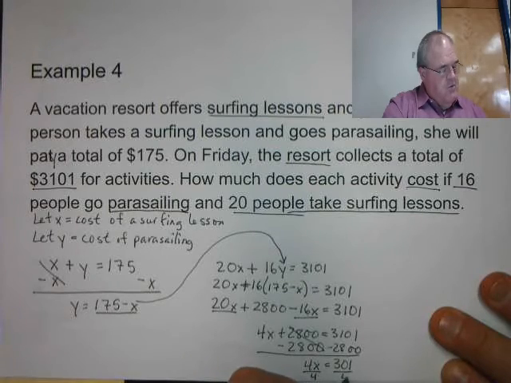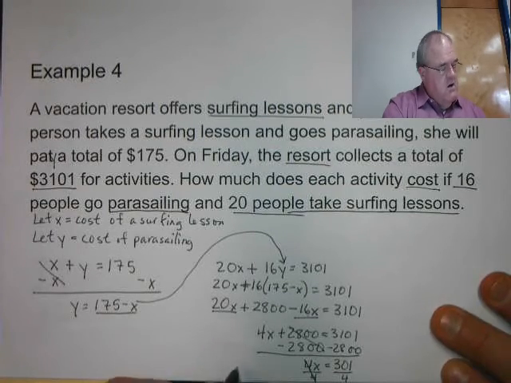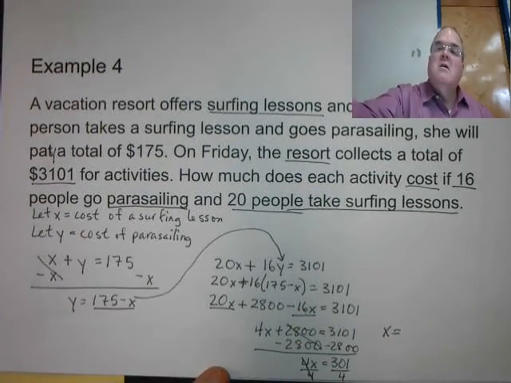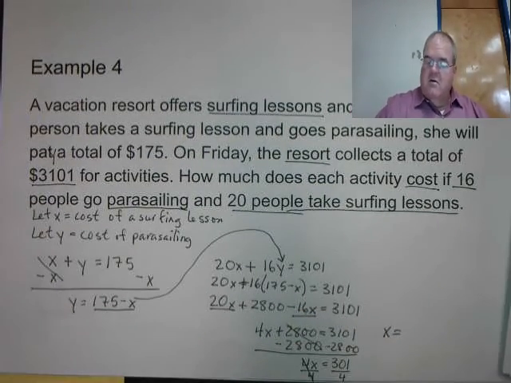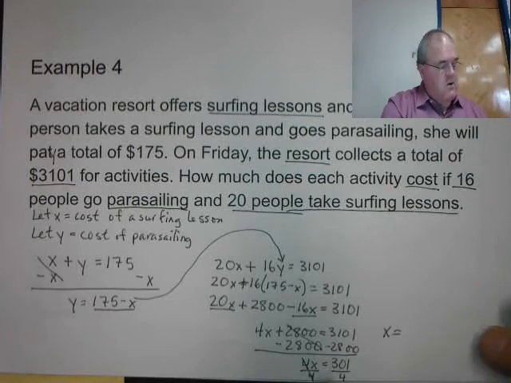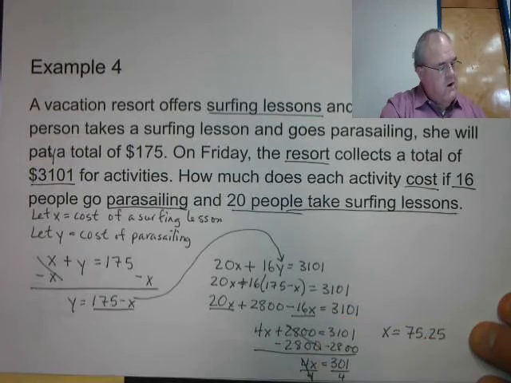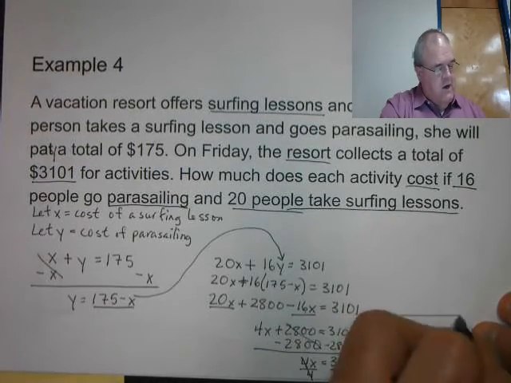I'm going to divide both sides by 4 so that my 4's cancel to 1. And I get x equals 301 divided by 4 is 75.25. So that is x.